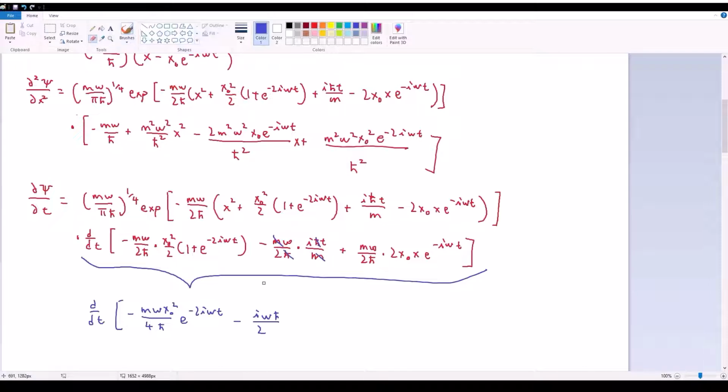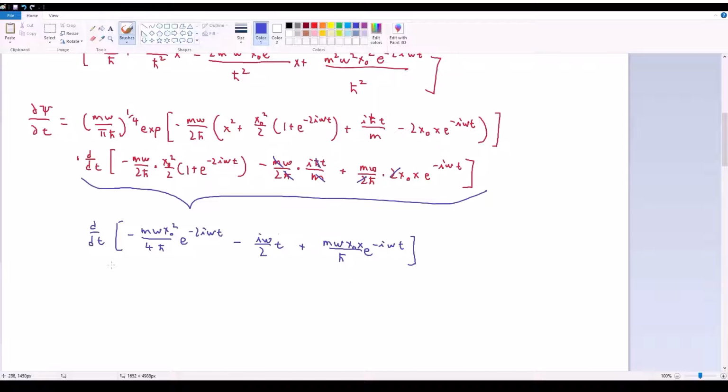So what we're left with is minus i omega over 2 multiplied by time. And then over here, the 2 cancels out. So plus m omega x naught x over h bar e to the negative i omega t. Is that correct? x naught x e to the negative i omega t, h bar on the bottom, yeah.